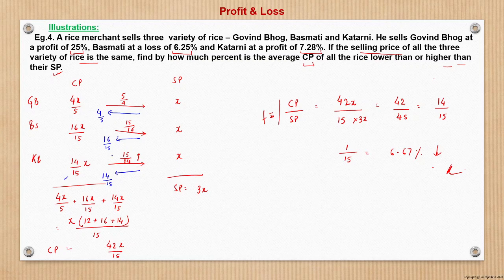So therefore, I have obtained CP and SP. I calculated the sum of CP and SP, obtained the ratio. From the ratio, I interpreted that CP is less than SP by 1 unit for every 15 units of SP. Therefore, the ratio is 1 by 15, which is equivalent to 6.67% decrease.